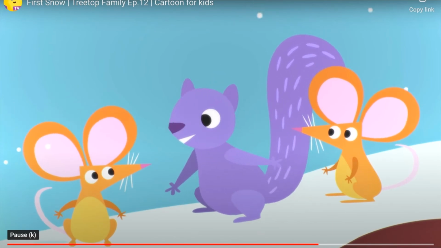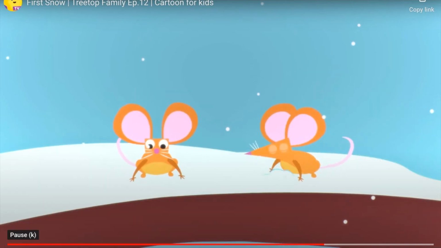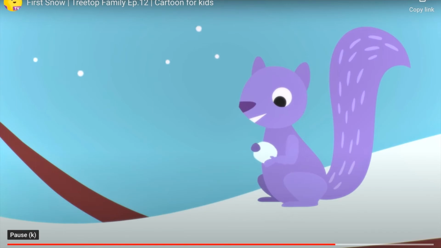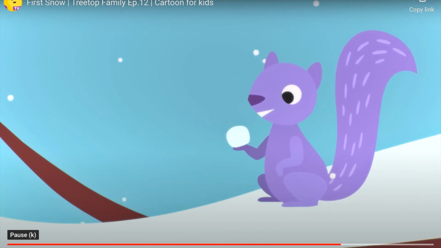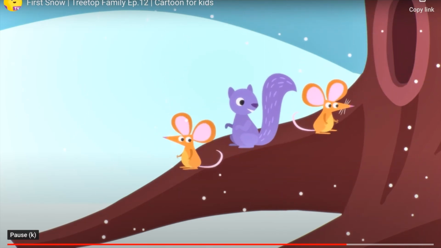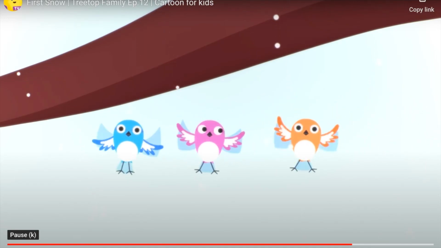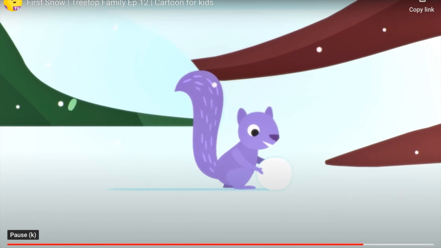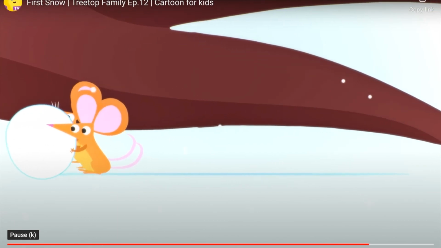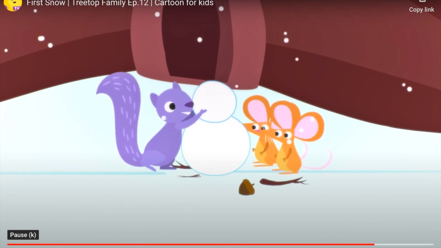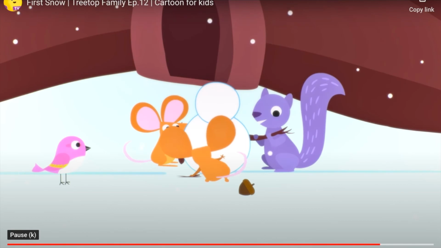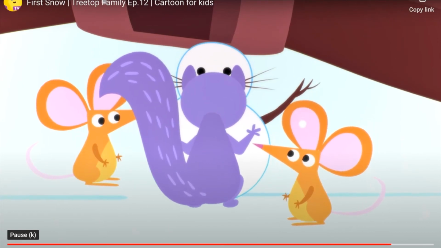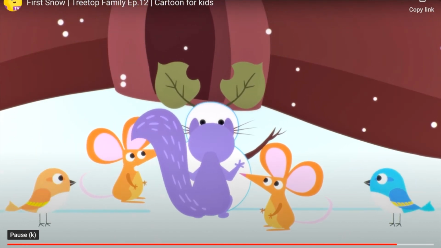Let's make something out of all this snow. It's a snow mouse.